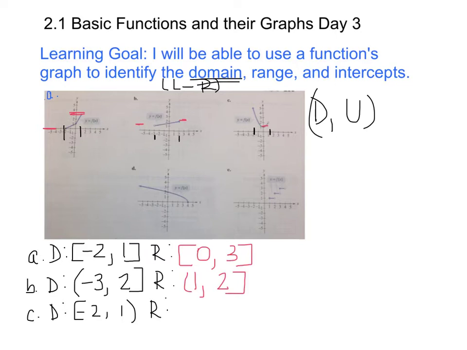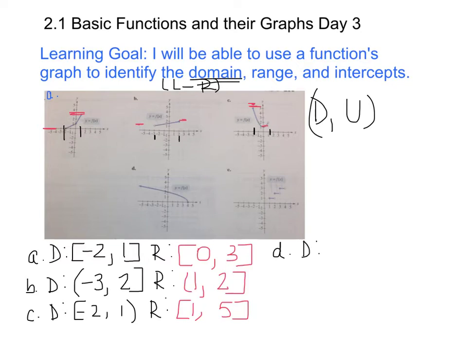And then the highest is 5. So 1 is included and 5 is included. Okay?